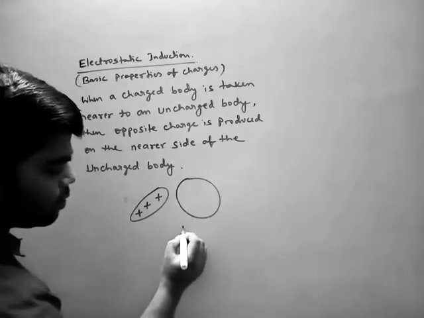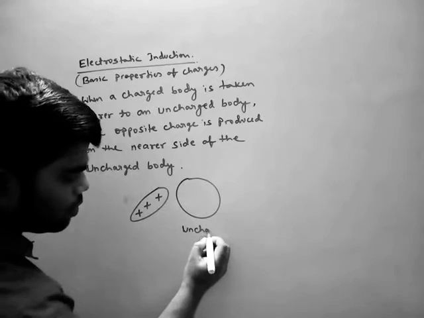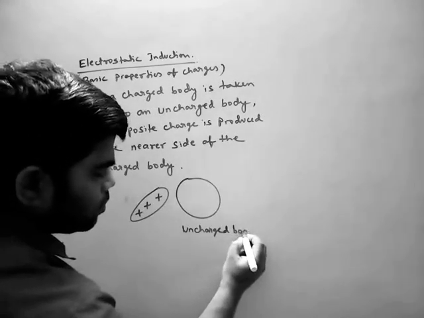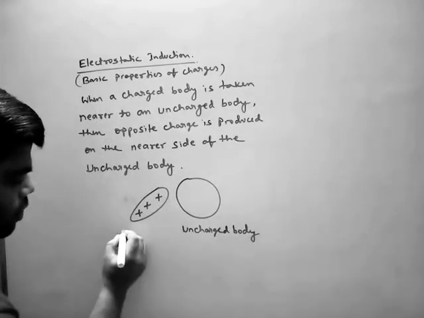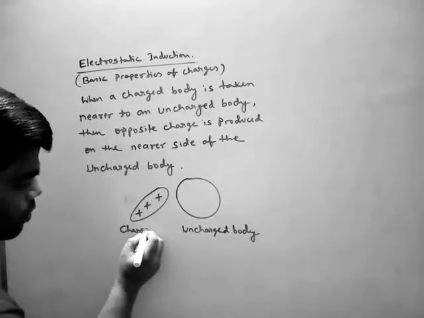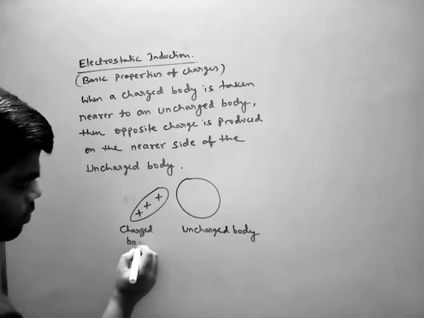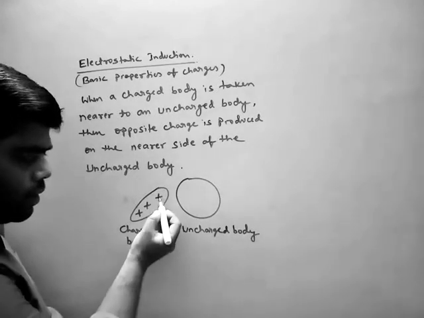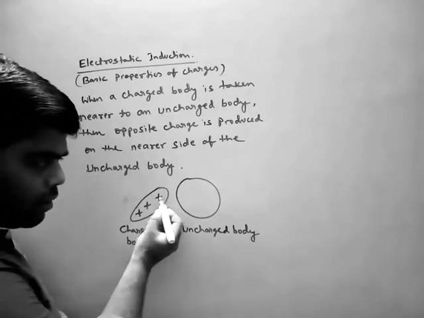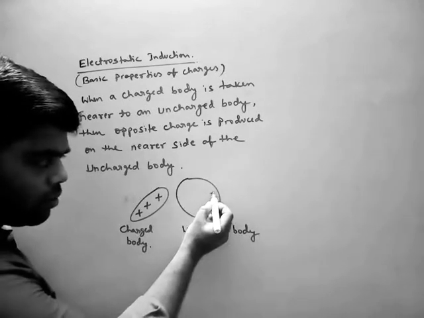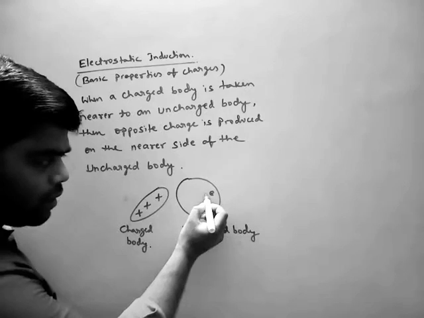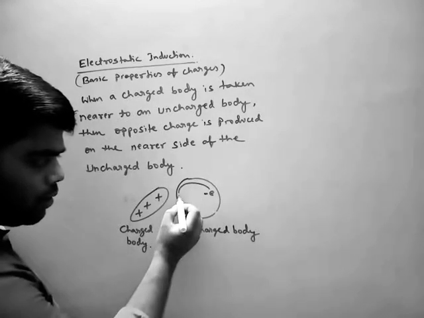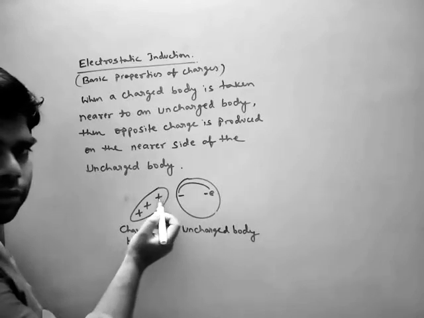And this is the charged body. Then what happened? Since it is plus, electrons from here, which are negative in charge, will come close here for attraction.